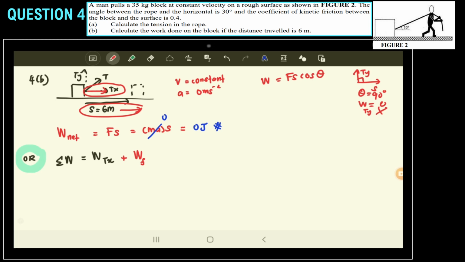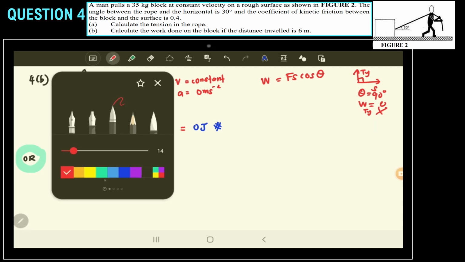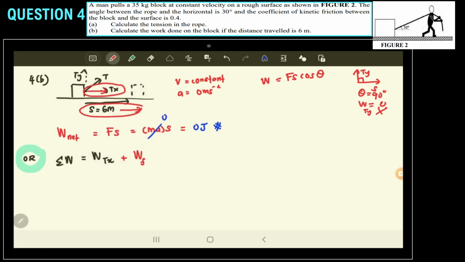Okay, so we can write, so W Tx is equal to Tx s cos 0, plus negative friction, plus friction times s cos 180 degree.